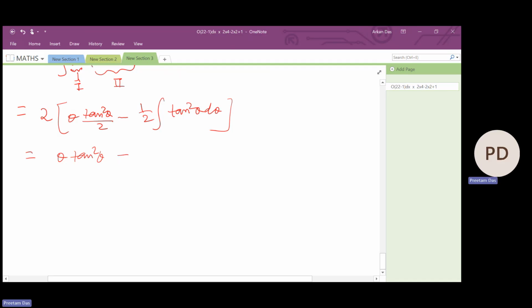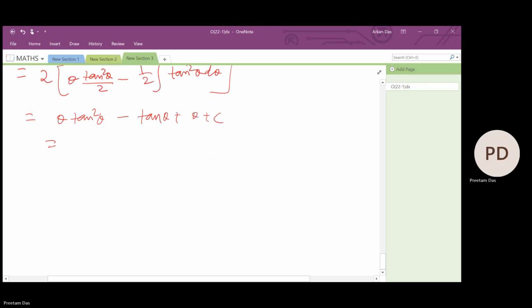And then in this integration, you cannot integrate tan square directly, so you write it as sec square theta minus 1. So minus tan theta plus c. Now upon further simplification, this reduces to tan inverse root x minus root x plus c.